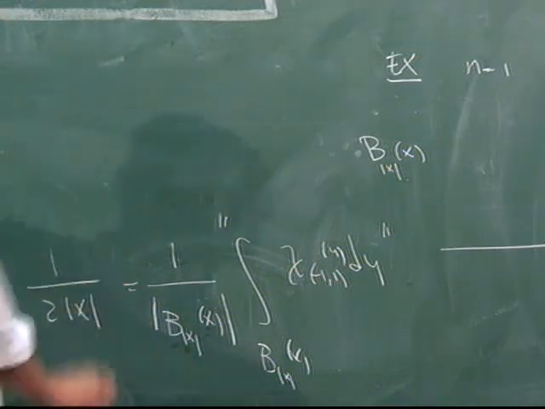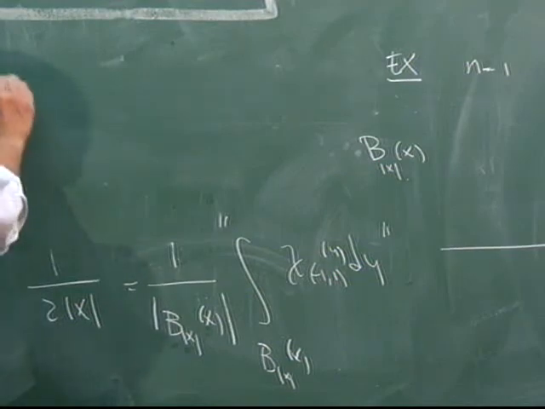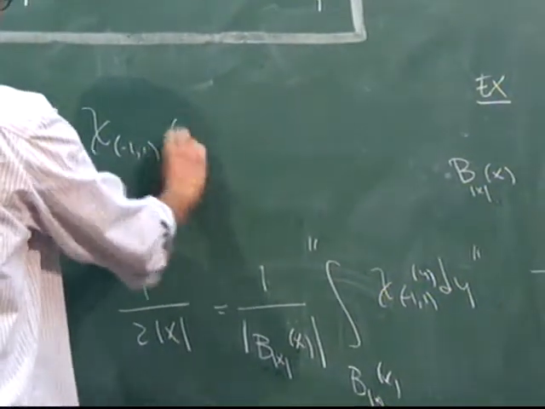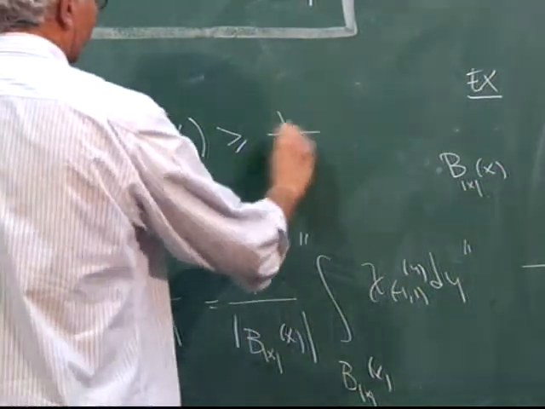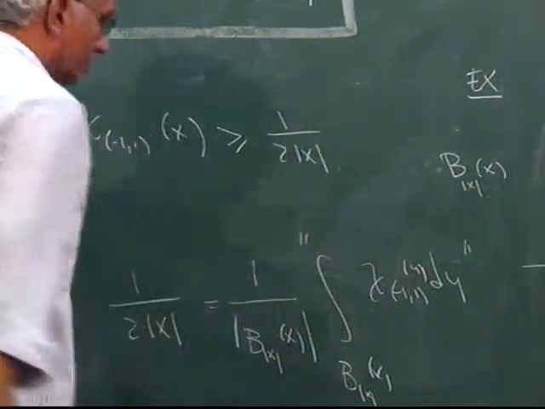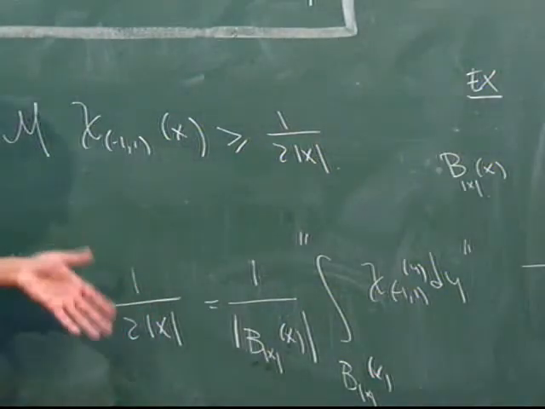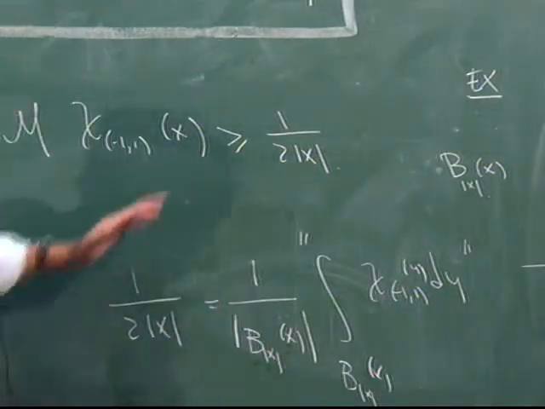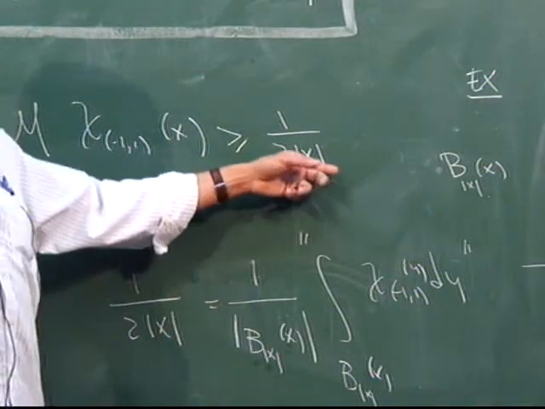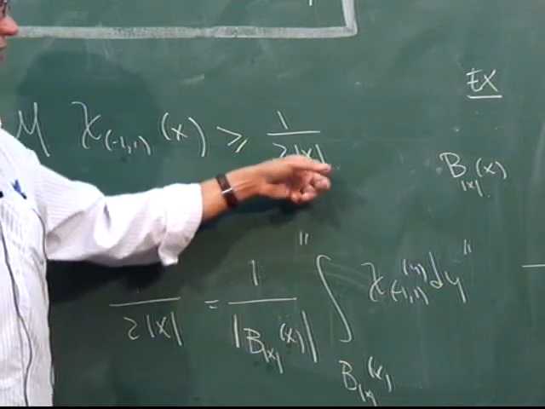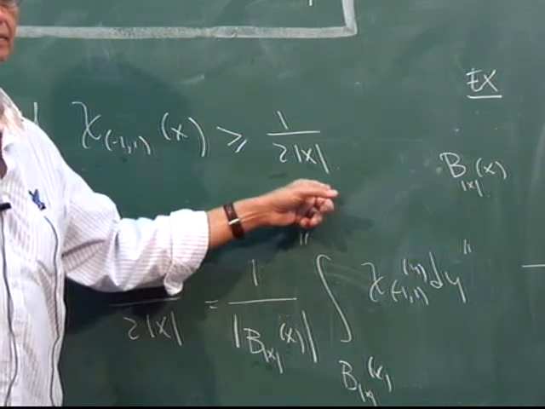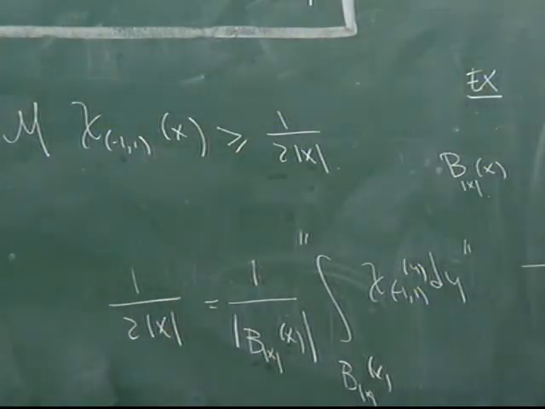Therefore, you have that the maximal function of the characteristic function of minus 1, 1 at x is larger than this. Because, I mean, you're going to take supremum, and at one of them you reach this. This function is not in L1, even though this one is in L1. Therefore, you are missing the L1. Okay? Then this is not in L1.